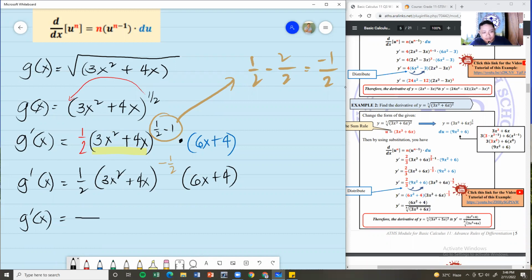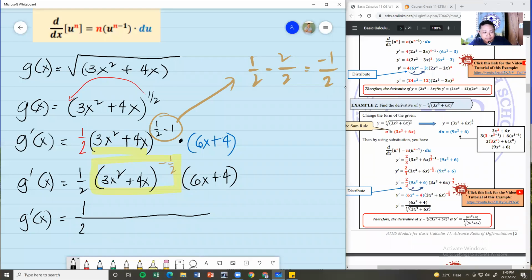Okay, so let's do this. 1/2, it's a fraction. Lagay na natin si 1 sa numerator, 2 sa denominator. That's just the same. Okay, now look at this. This is a negative exponent. To make it positive, it will go to the denominator and change it to a positive exponent.